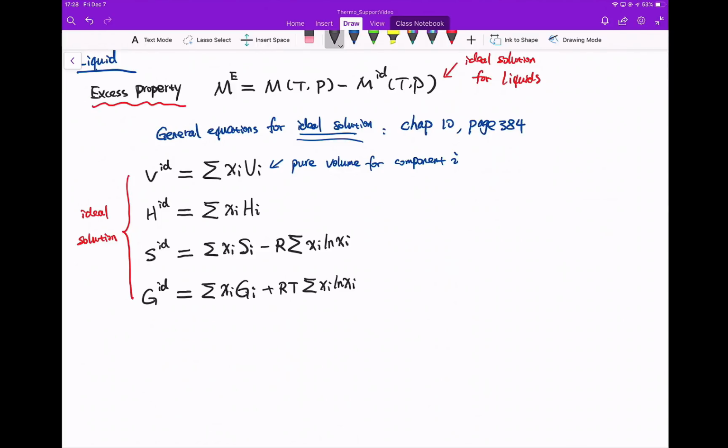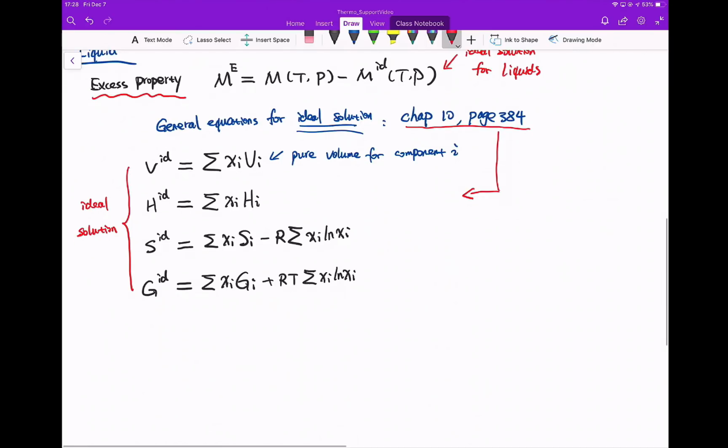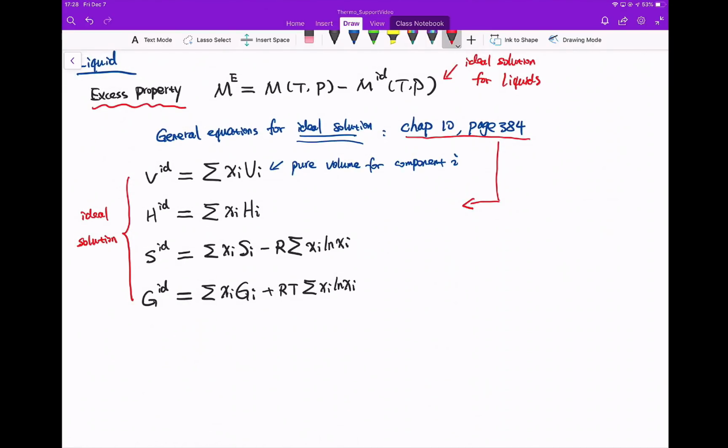So these are the four equations coming from chapter 4, page 384. Now suppose we have access to the four equations.